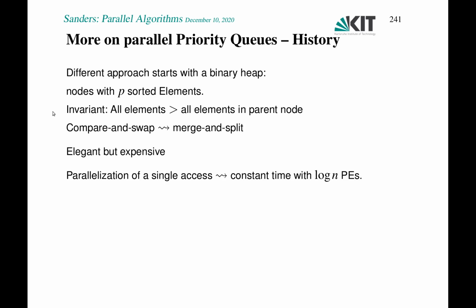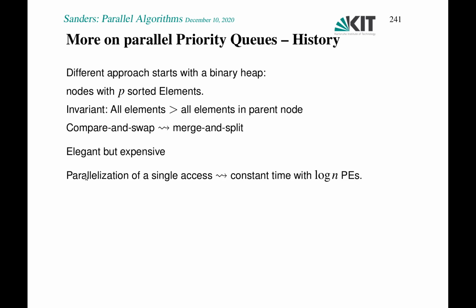And then there are ways to implement binary heaps, or to generalize them, so that you replace a compare and swap operation by a merge and split operation of two nodes of size p. So that's quite elegant, but it's also expensive because you have to sort very small data sets very efficiently. I'm not sure that works very well in practice.